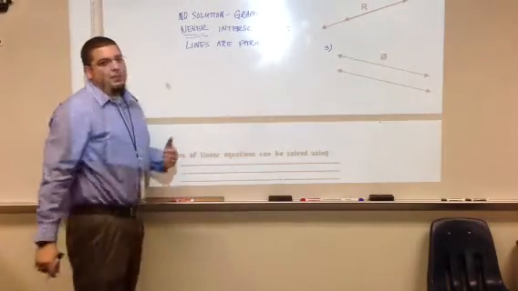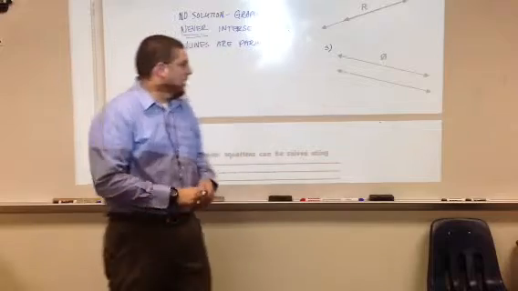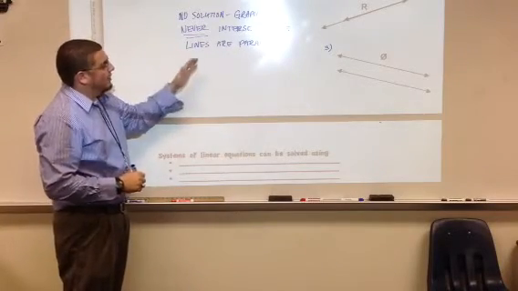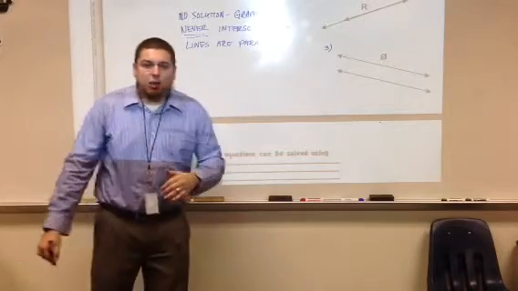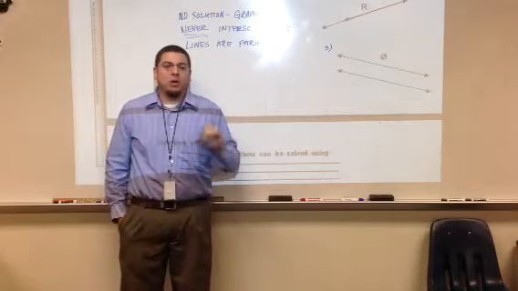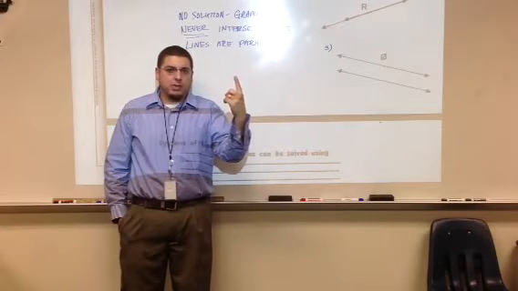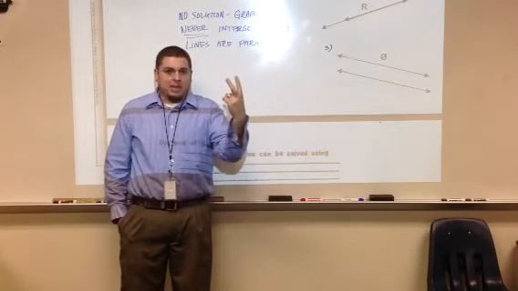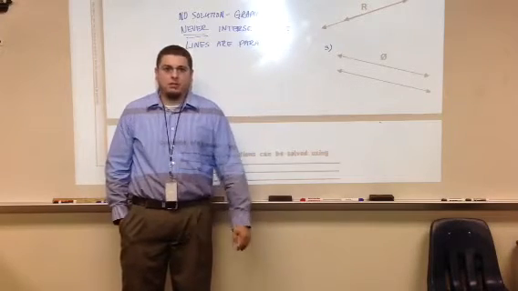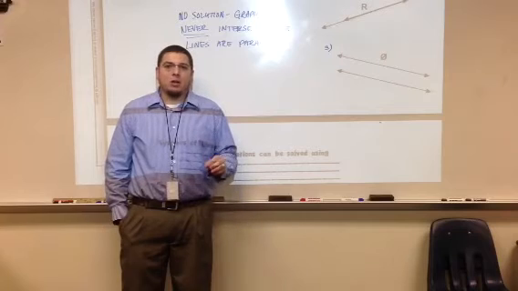Okay. Again, if we remember, parallel lines have the same slope. So graphs will never intersect. These lines are parallel. And that is it. Those are the only three solutions that we have. You can only have one solution, infinitely many solutions, or no solutions. You cannot have two solutions or 5 solutions. Okay, it does not work like that.